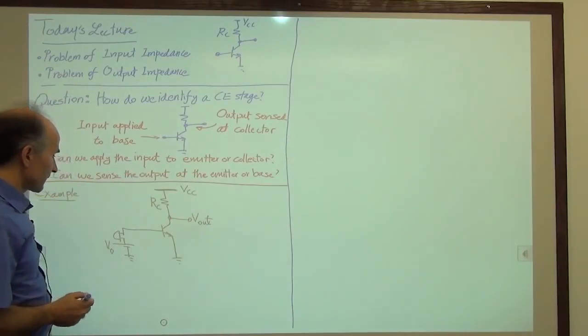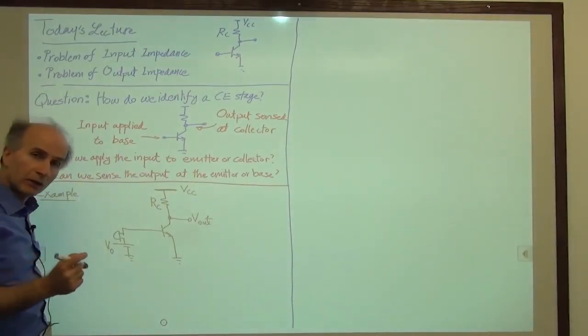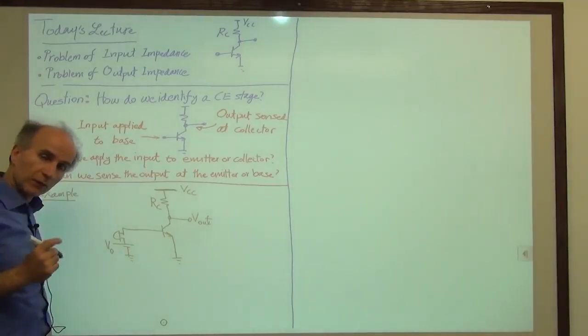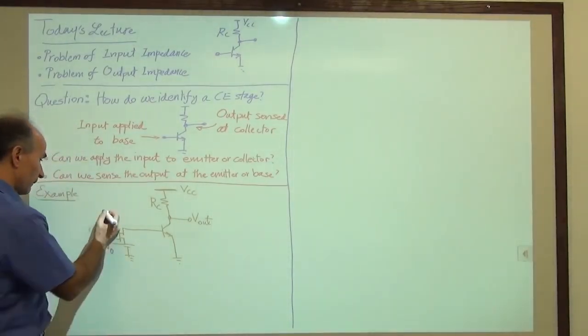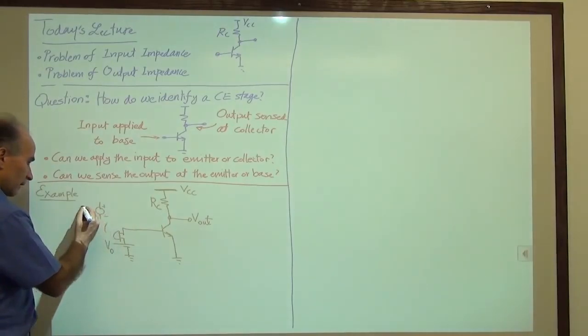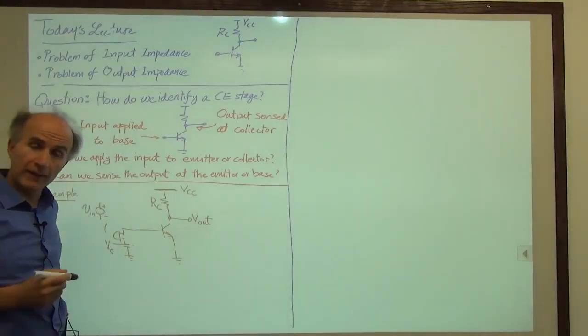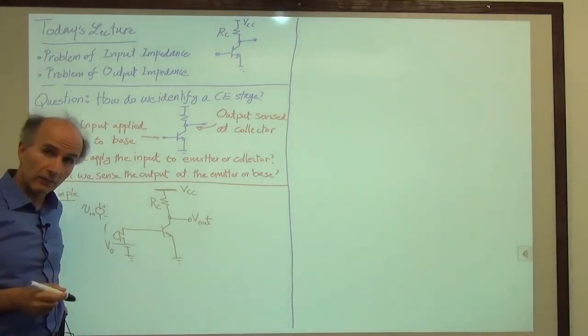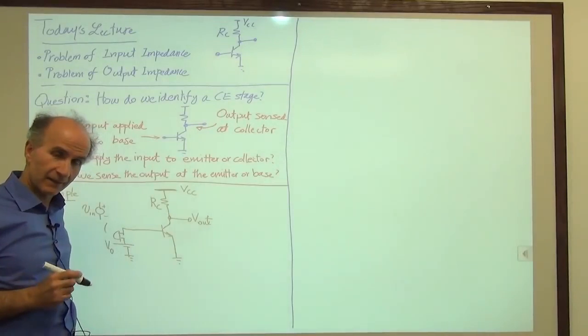Okay, now previously, this microphone was modeled by one voltage source, which we call Vin. So previously, instead of this microphone, we would draw one voltage source and call it Vin. But the real microphone is not like that. A real microphone also has some internal resistance.